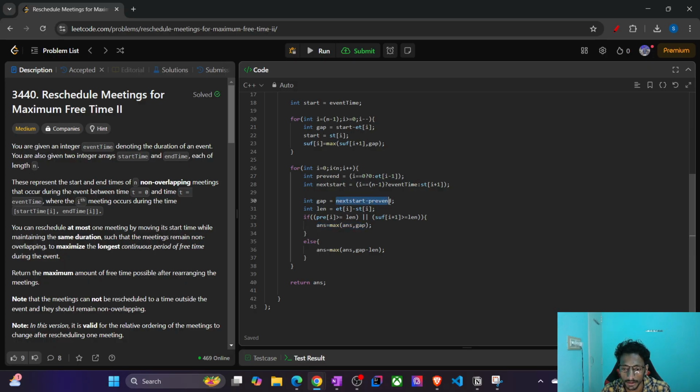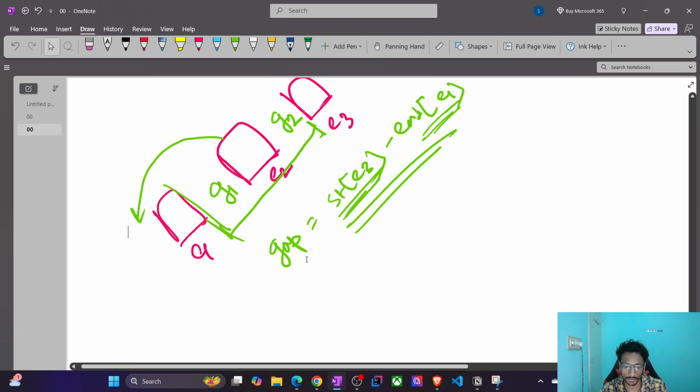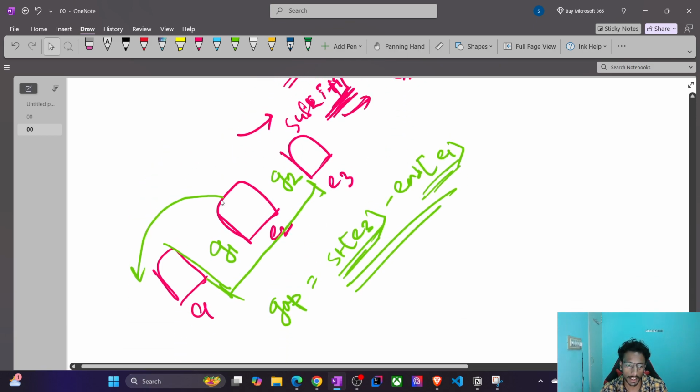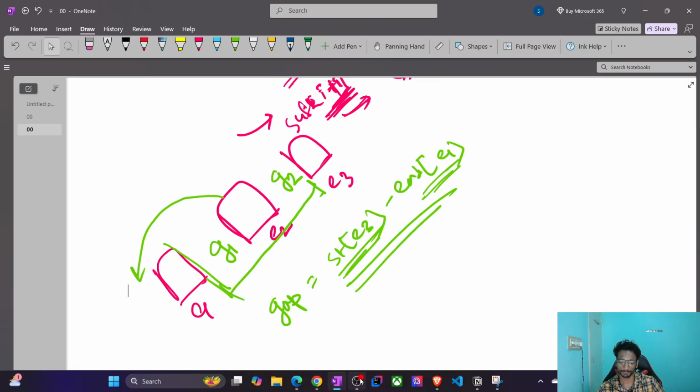What will the current gap be? The total gap. If I remove event 2, this will be the gap. If I remove event 2 from here or here, anywhere, then our gain will be the total gap, the starting time of event 3 minus the ending time of event 1.